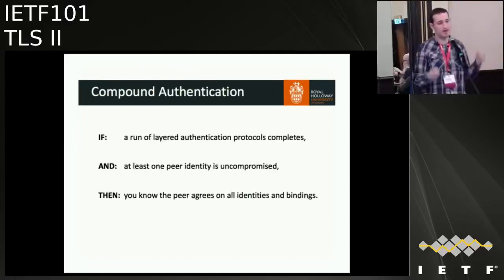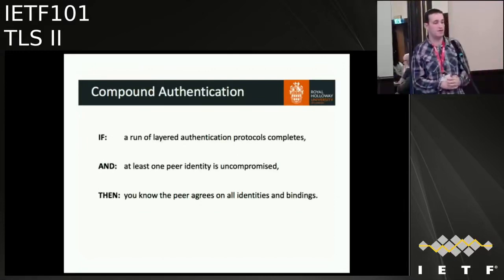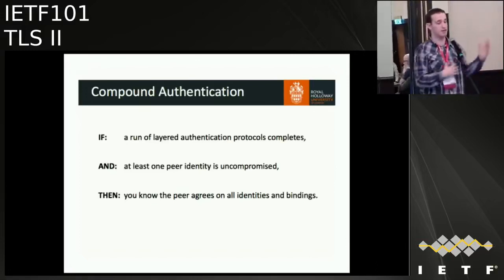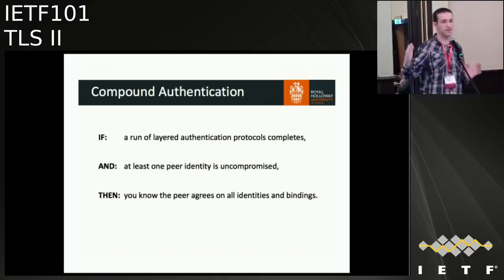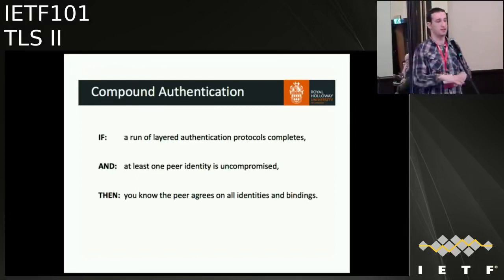And the property that we actually end up wanting is compound authentication. So if I have a run of a layered authentication protocol, and at least one of my peers' identities has not been compromised, so one of the peers' secrets is unknown to the attacker, then I know that the peer agrees with me on everything, all the identities and all the bindings.